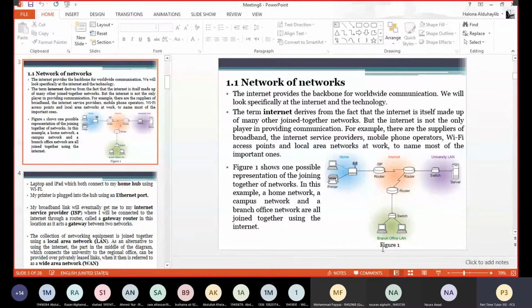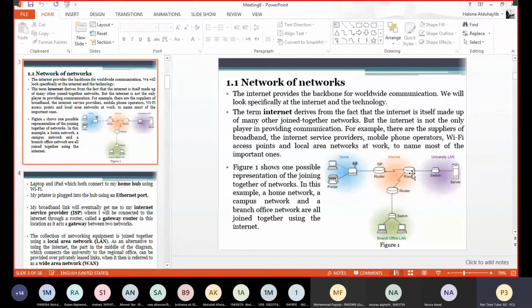So, for example, here in figure 1, you can imagine you are sitting at your PC and your printer is also connected to the internet at your home by using the modem, the router. You are connecting with the router through Wi-Fi, while the printer is connected through a wire. The modem or the router is connected to the internet service provider router, STC or Zain, and it's connected to the company router.